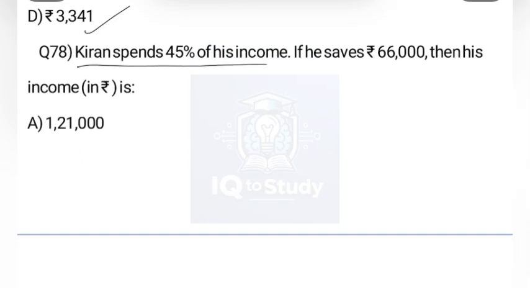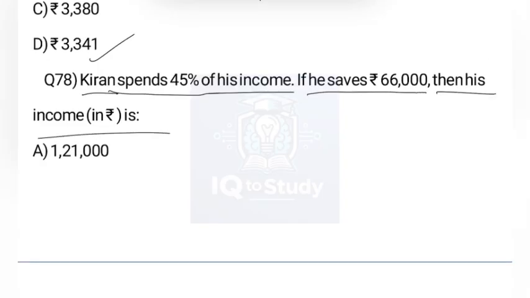Kiran spends 45% of his income. If he saves 66,000, then his income is? If he spends 45%, then he saves 55%. According to the question, this 55% is 66,000.